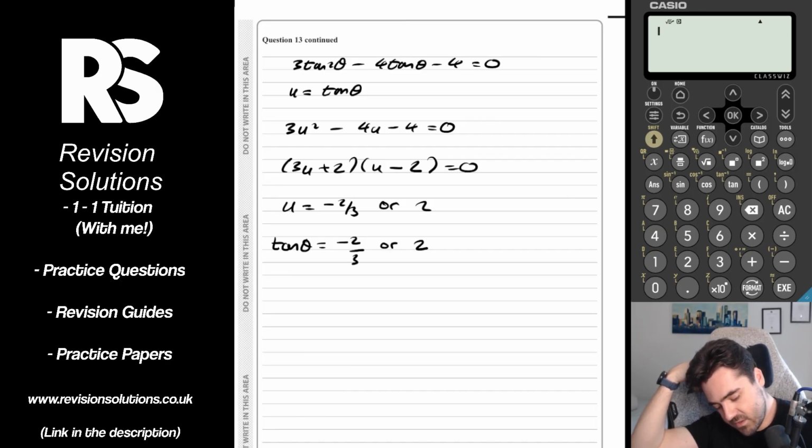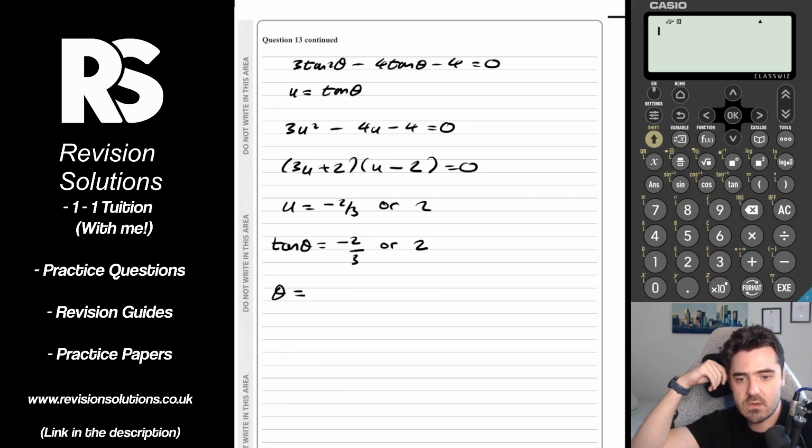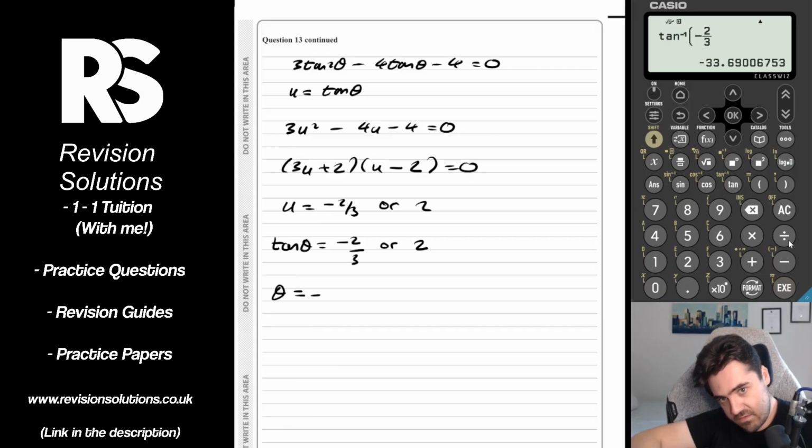So that gives us solutions of theta is, well, let's use the calculator, inverse tan of minus 2 over 3. So that's minus 33.69. But remember, we can add and subtract 180 degrees to that as many times as we like, because the tan graph repeats every 180.